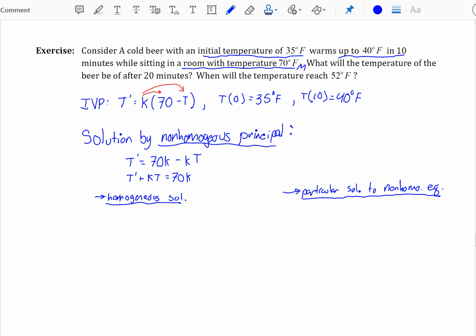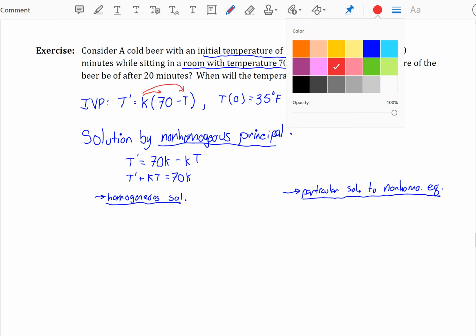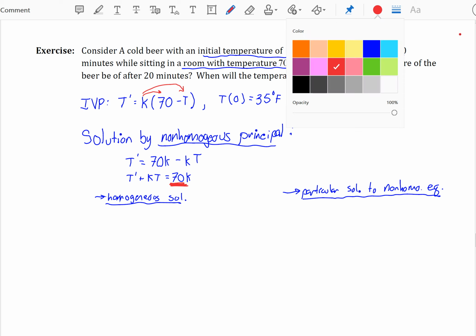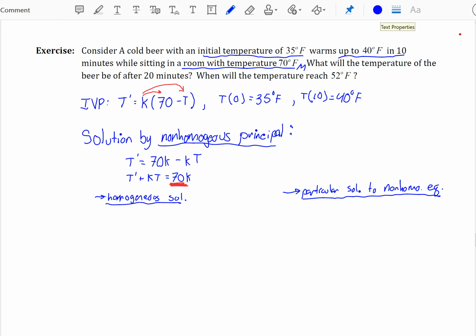Now recall, for the homogeneous solution, we want the right-hand side to be 0. So we just make it 0, which gives us T prime plus kT is 0. And I'll move the kT to the right-hand side to get T prime equals negative kT.